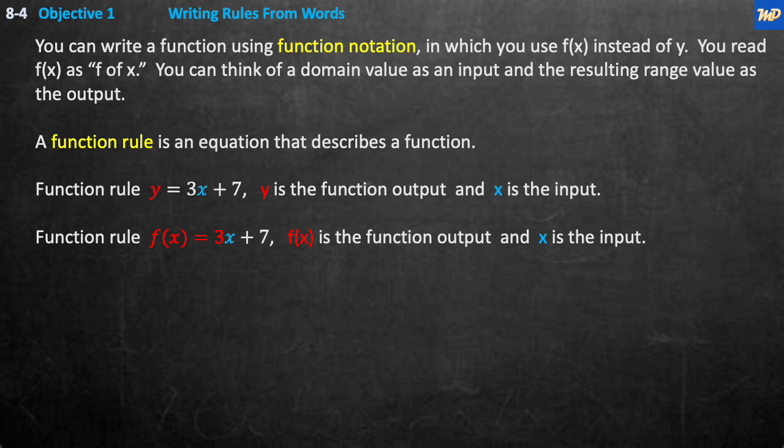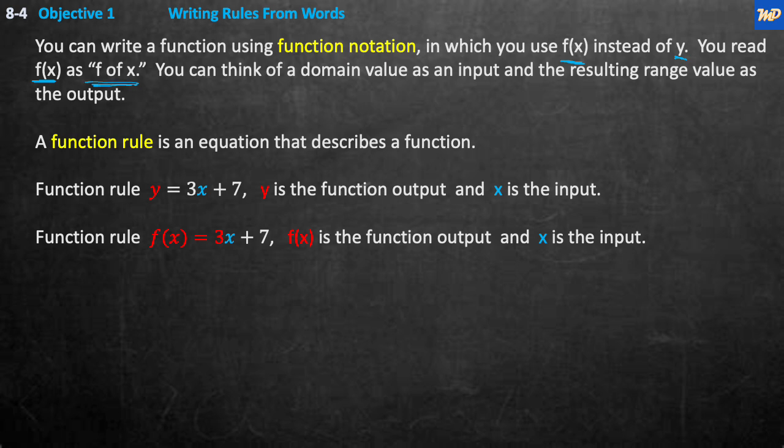Okay, Objective 1, writing rules from words. You can write a function using what we call function notation, in which you use f of x instead of y. You read this symbol, f parenthesis x close parenthesis, as f of x.